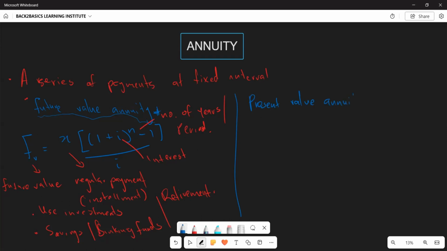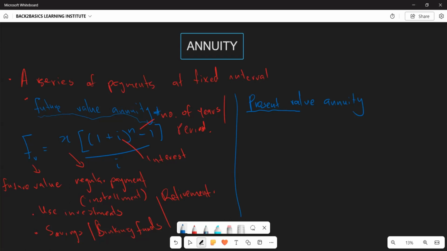And I think from the word present value, you know that this present value is going to be the money that you wish to have now and probably pay for it in the future, right? So basically, it is an annuity in which the aim of the payments is to pay back the loan or the present value of the annuity in total after a certain amount of time.